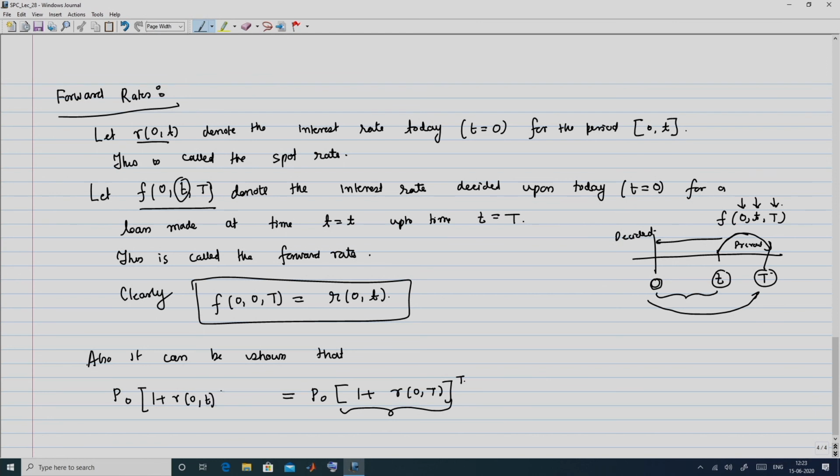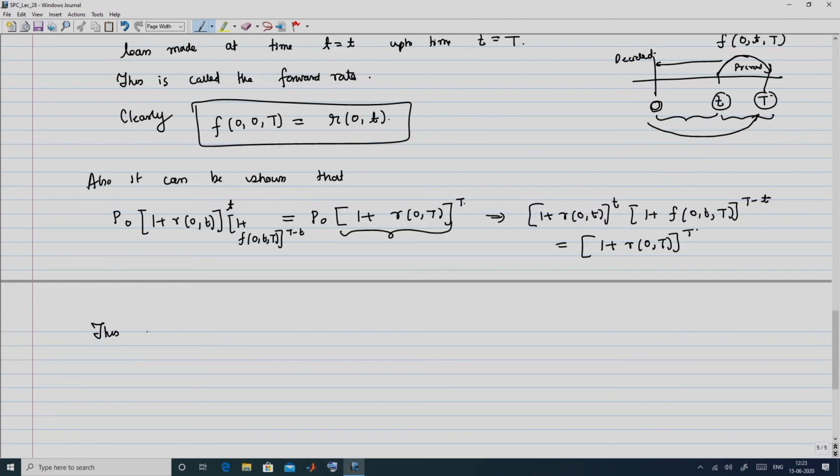Then it grows by a factor of (1 plus R(0,t)) raised to t, and then from small t to capital T, it is going to go up by a factor (1 plus F(0,t,T)) raised to (capital T minus small t). So, that is the interest growth from 0 to small t multiplied by the growth using the forward rate from small t to capital T for the period capital T minus small t. This is the same as the growth factor from time 0 to capital T.